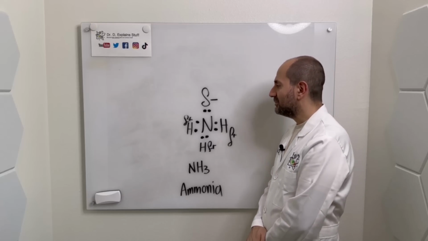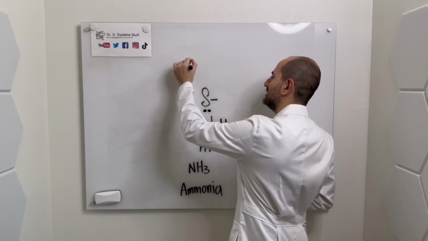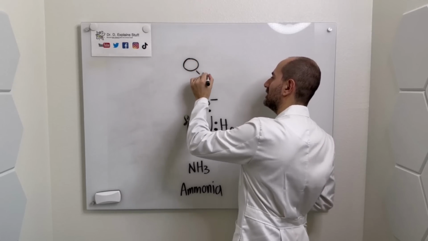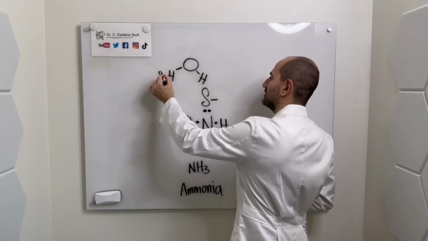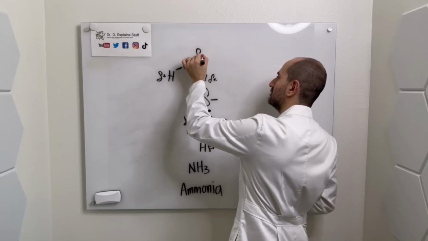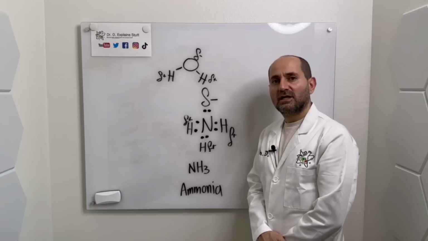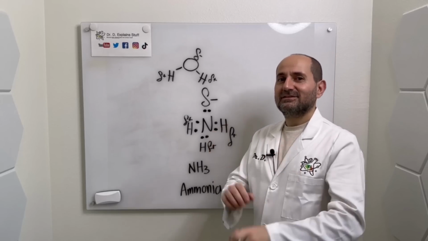Well, let me ask you this. What do you think happens if a water molecule comes along? Think about this. Water. Remember, water is polar. The hydrogens have a partial positive charge, and the oxygen has a partial negative charge. Can that water molecule stick?